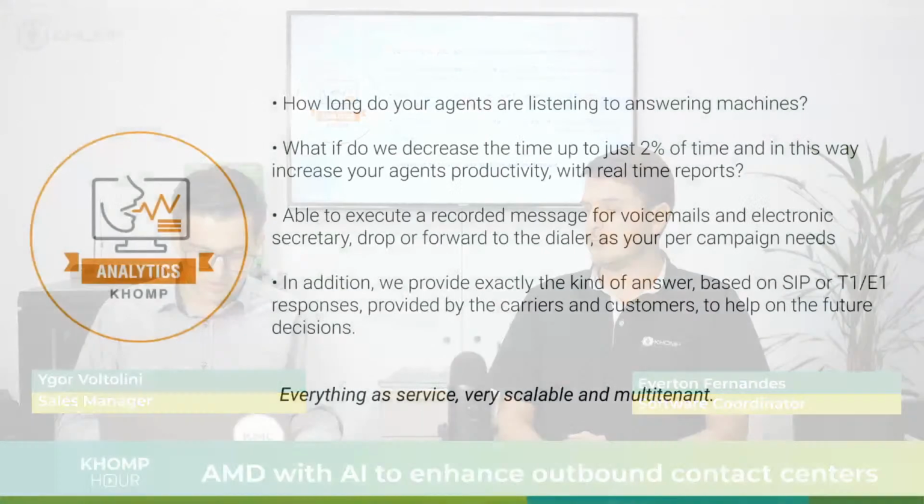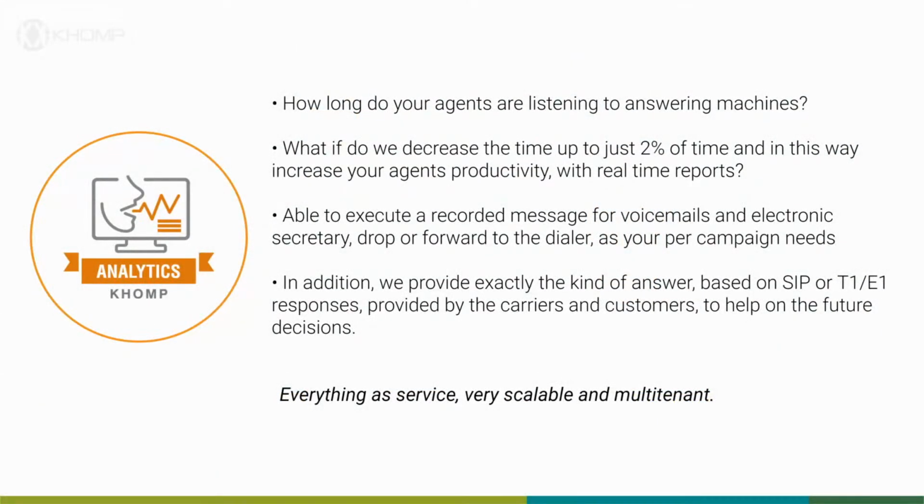What if we decrease this time to no more than 2% of the time listening to bad answers, not only answering machines, but noise and short human answers and some stuff like this, and more than 98% are good calls?